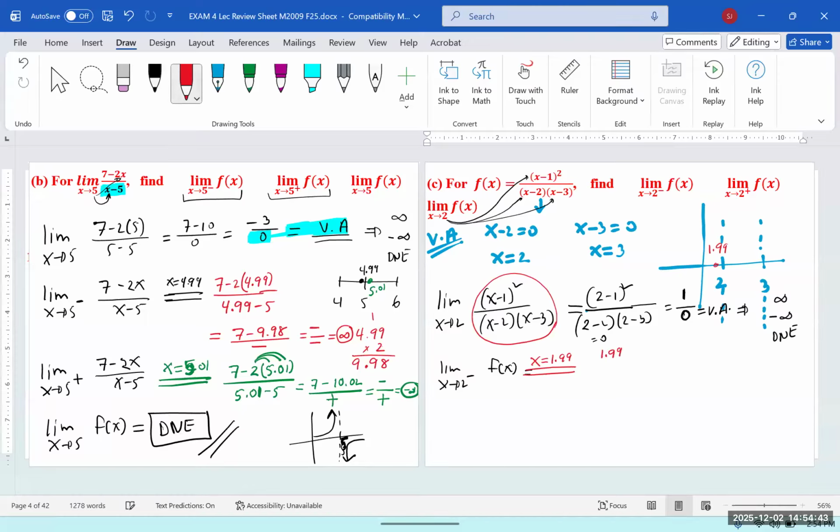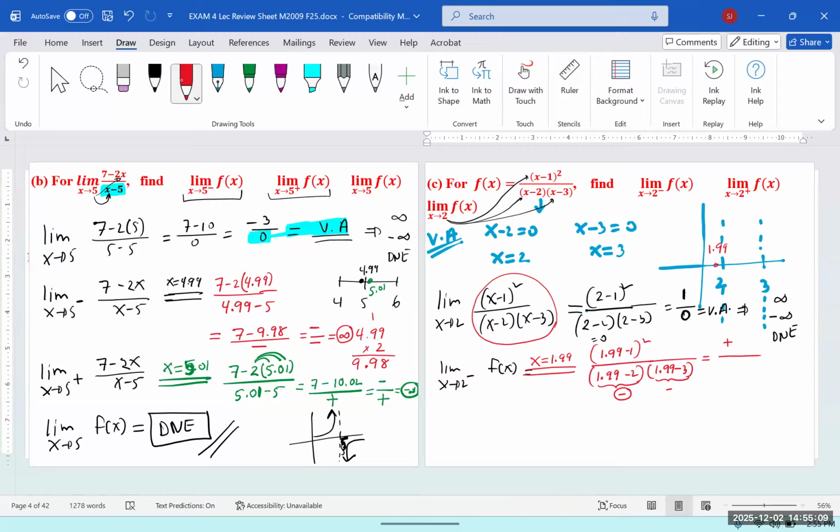So (1.99 minus 1) squared over (1.99 minus 2)(1.99 minus 3). Now the numerator is a square, so it's always positive. Now 1.99 minus 2 is negative because 2 is bigger.